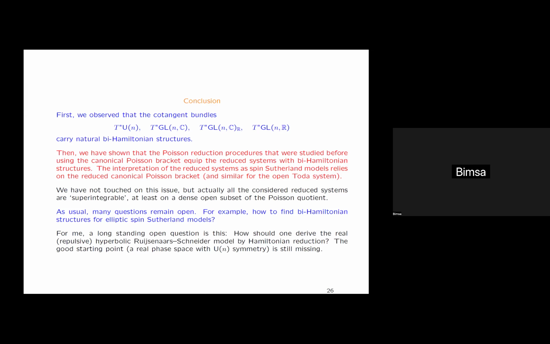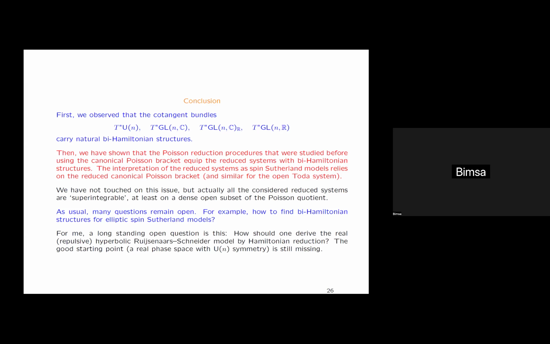And as usual, you have various results, but they usually lead to more questions. It would be interesting to extend this construction to analytic spin Sutherland models, for which I don't know the bi-Hamiltonian structure.